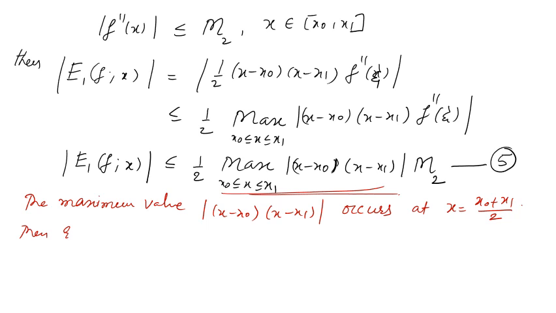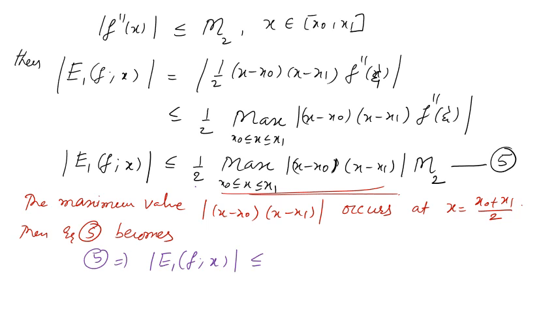Then equation 5 becomes the truncation error less than or equal to 1 by 2 times 1 by 2.